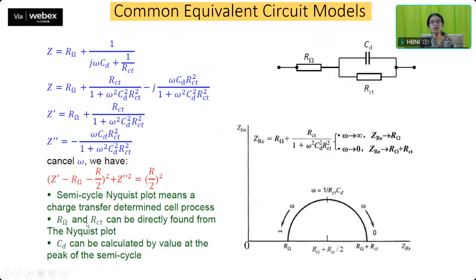So this R omega and this RCT can be directly found from the Nyquist plot. And the capacitance can be calculated from the value at the peak of the semicircle. So this is how this entire thing looks. You can solve these particular equations and you will see how the Z prime versus Z double prime plot is going to look.